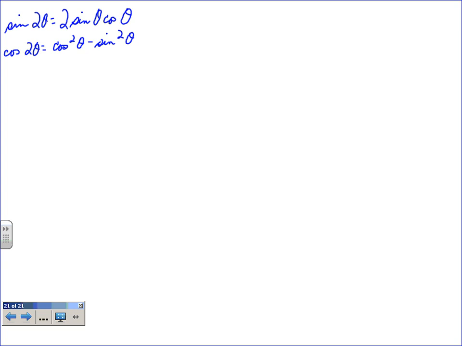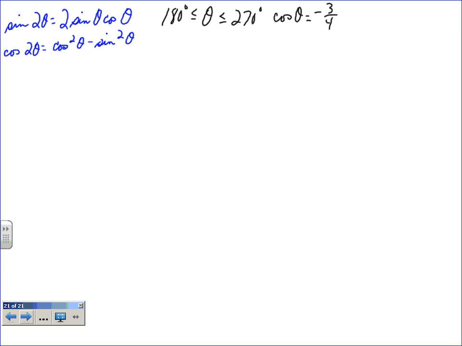Given theta between 180 and 270, given information, and cosine of theta is negative 3/4.